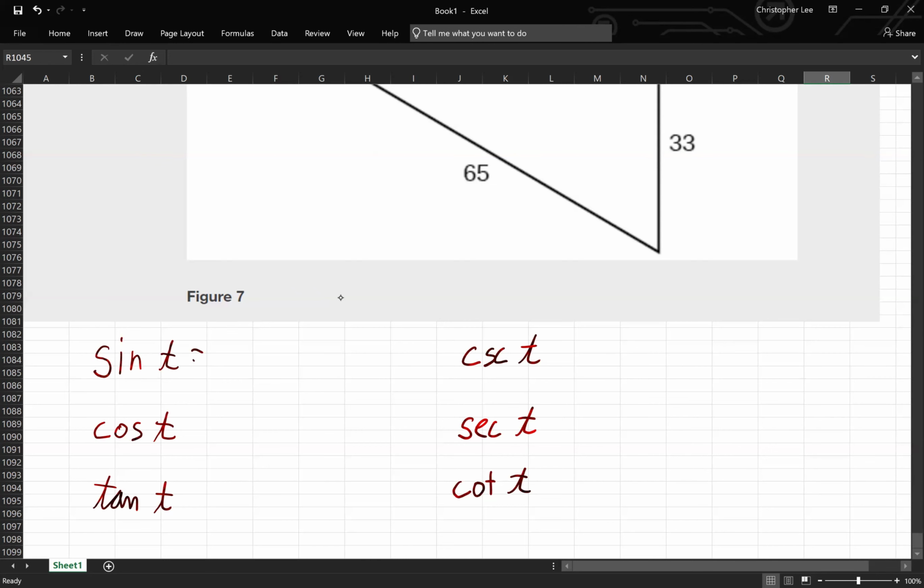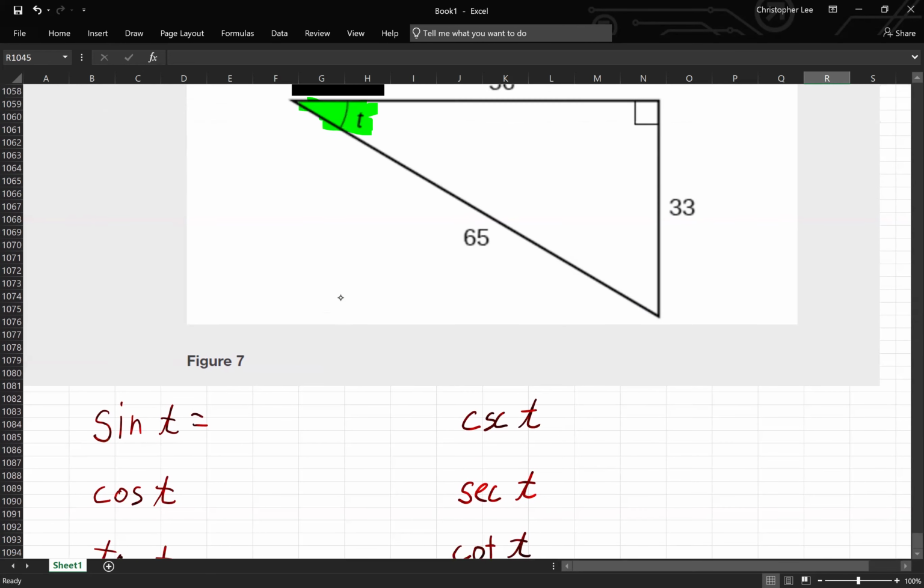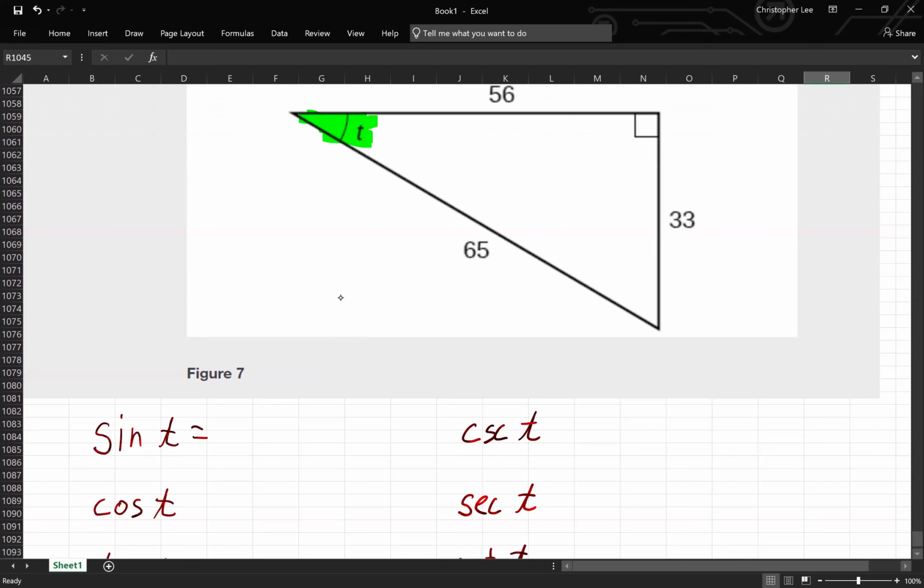Not so bad, right? So for sine of T, remember sine is what? Opposite over hypotenuse, right? Opposite, that's going to be my 33, over the hypotenuse. That's going to be my 65. That's simple, all right? Cosine, adjacent. Adjacent means next to.